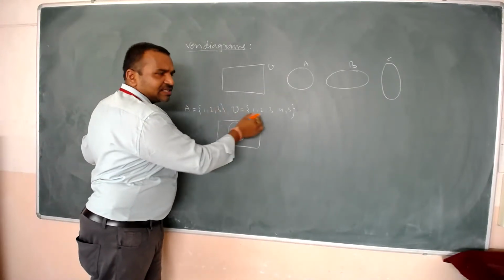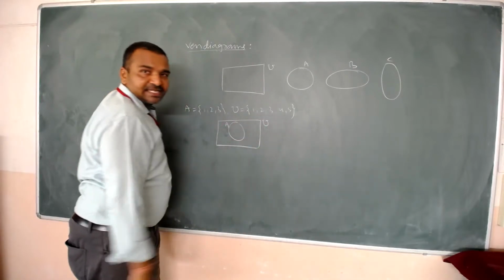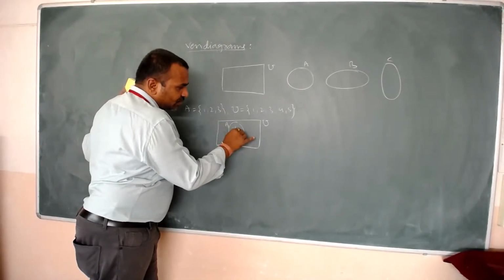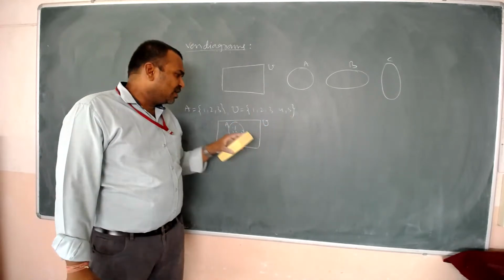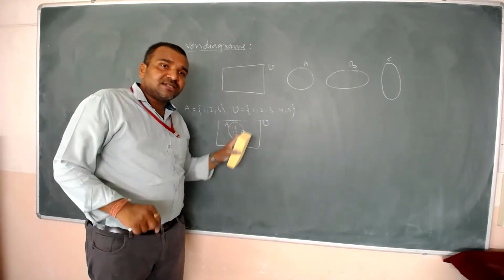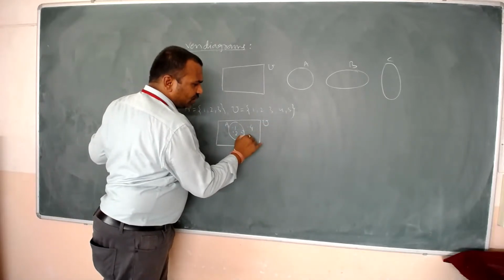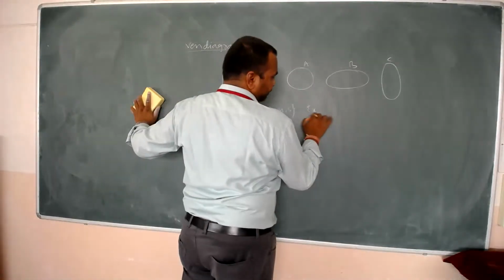Here A is a subset of U, that's why I have written A inside the universal set. The elements in A are 1, 2, 3, which are also in the universal set. The remaining element is 4.